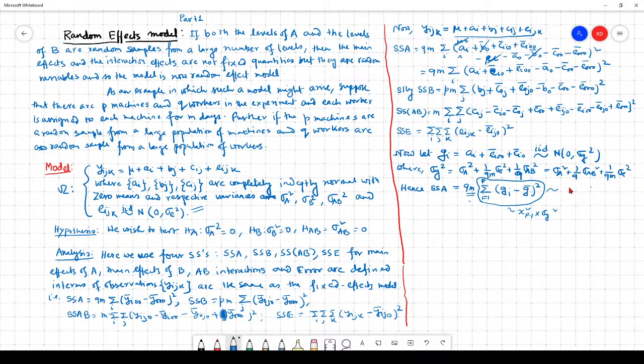This is qm because of this term, and for this term this is sigma g square chi square with p minus 1 degree of freedom.